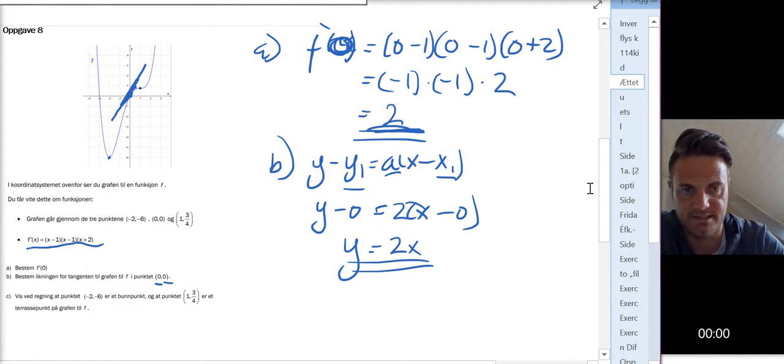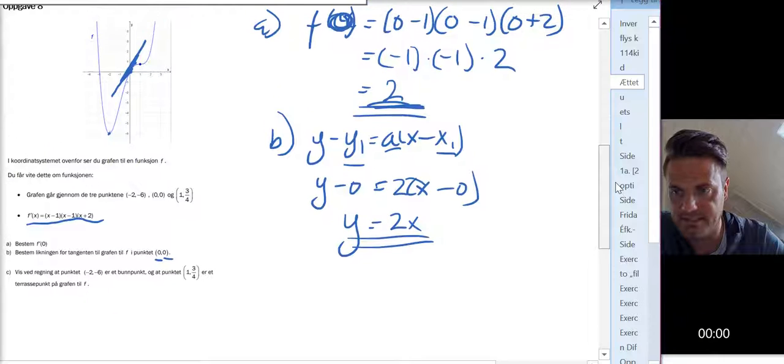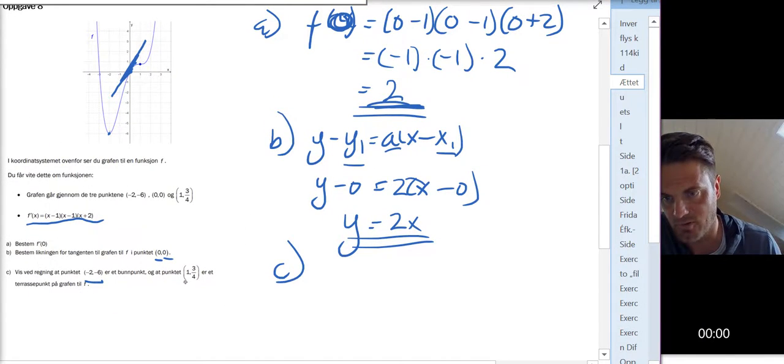That is exercise B. And then exercise C, it says that show that this is the minimum point and this is a terrassepunkt. And it says visberegning, show by calculation, which means that you just can't see on the graph. We can't just use the graph.